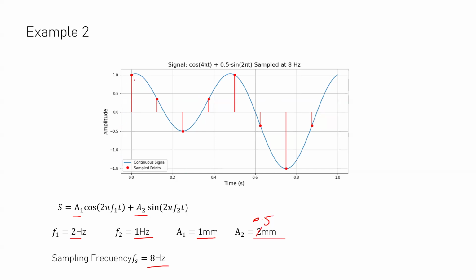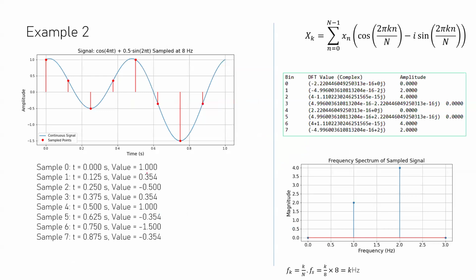So this is sample 0, 1, 2, 3, 4, 5, 6, and 7. We index them from 0 to 7. So here you can see the value for each sample, and here you can see the time at these samples.